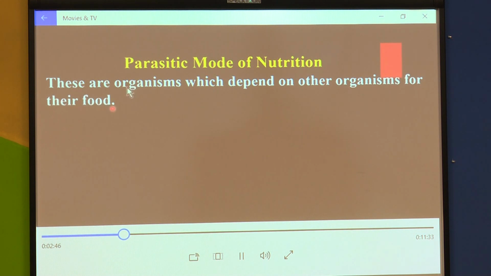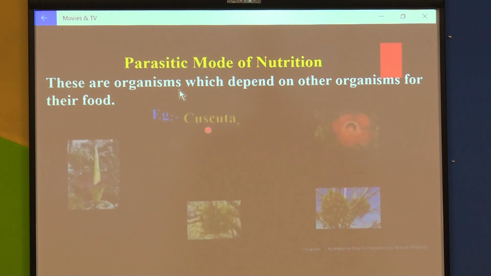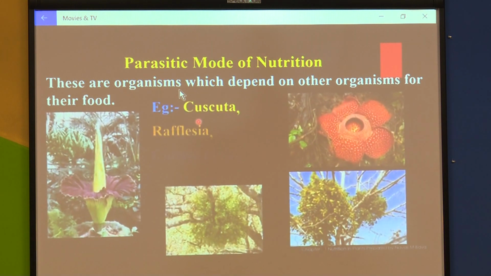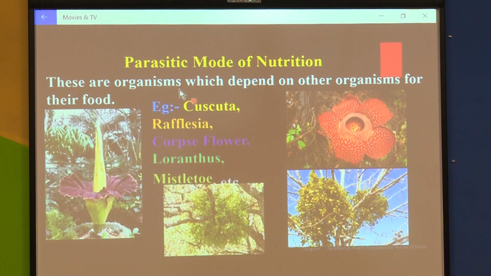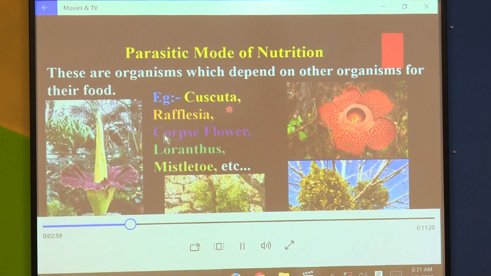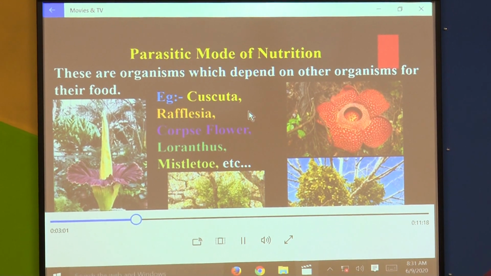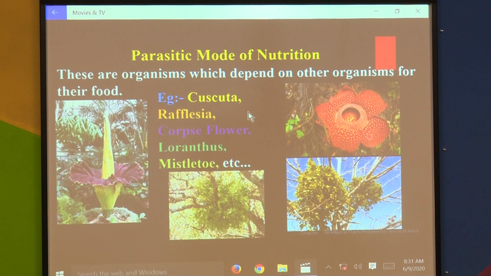First of all, these are organisms which depend on other organisms for their food. First example is cascata, second is rafflesia, third is corpse flower, then loranthus and mistletoe.